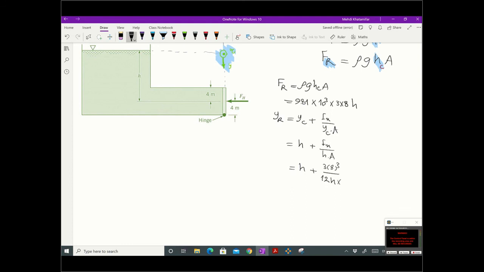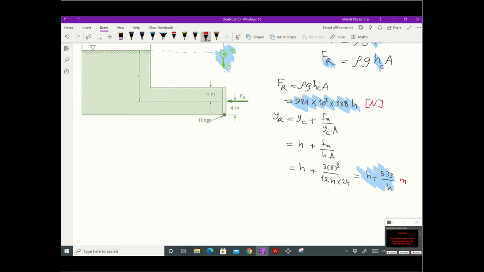If you calculate, this is going to be h plus 4.33 divided by h. Done. We found the position yr, we found the magnitude of fr. Let's not forget the unit, otherwise we miss a few points there.